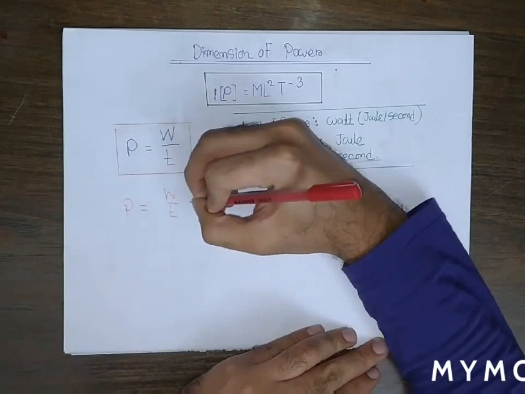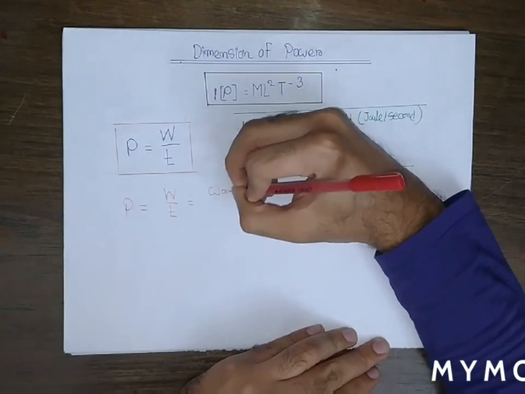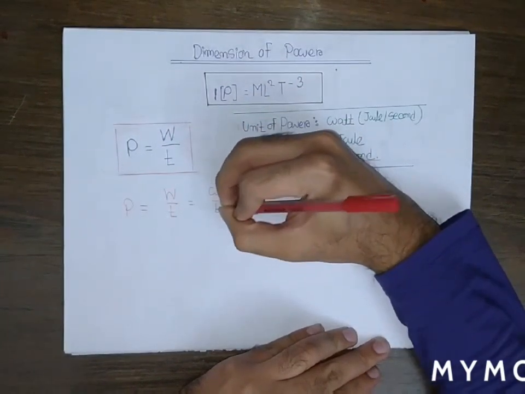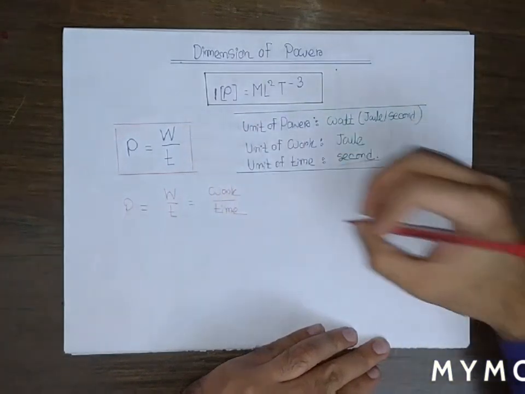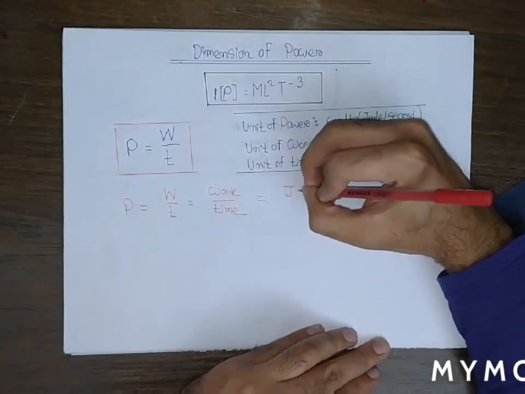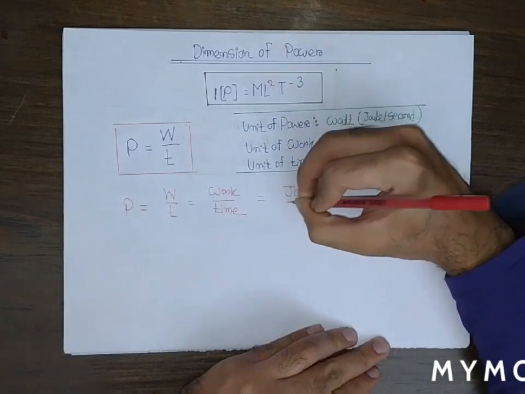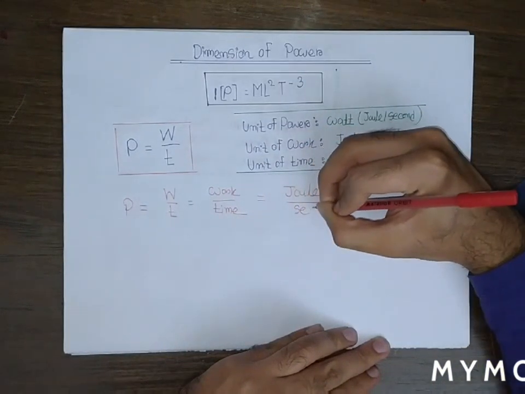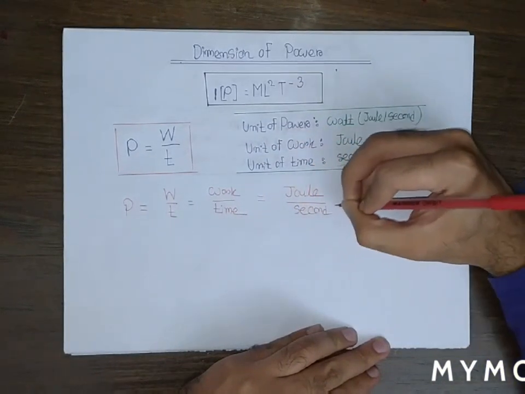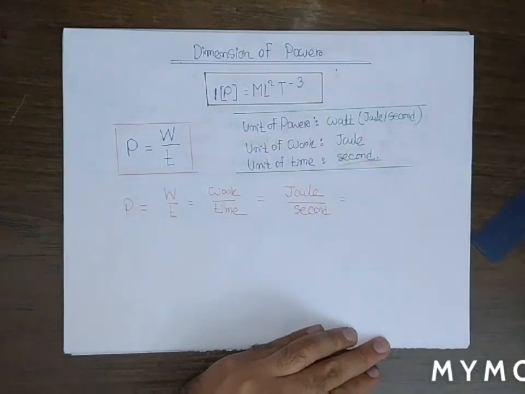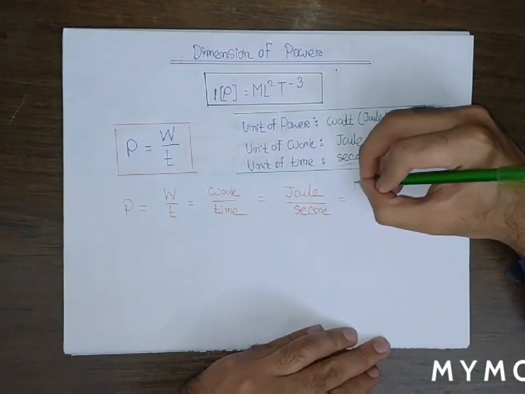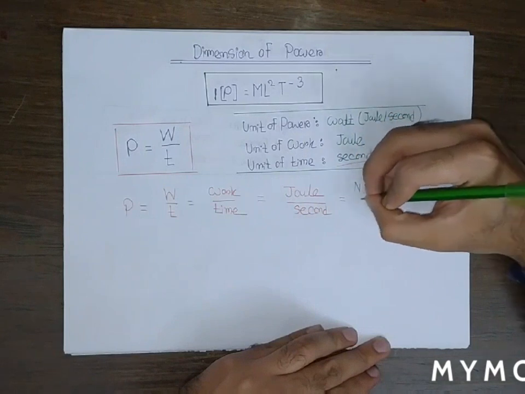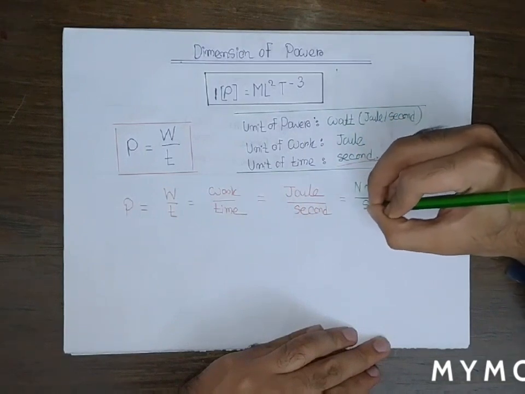W by T equals to work per time. Now we can write here joule per second. Again we can break joule into Newton and meter divided by second.